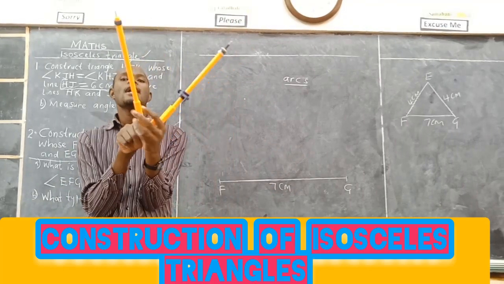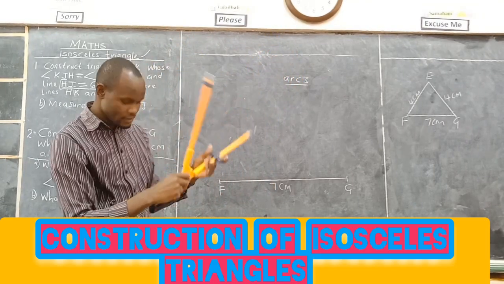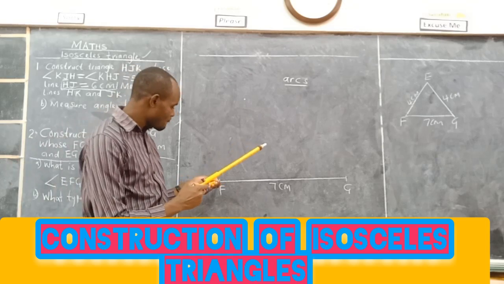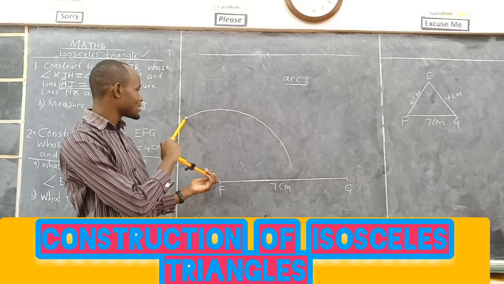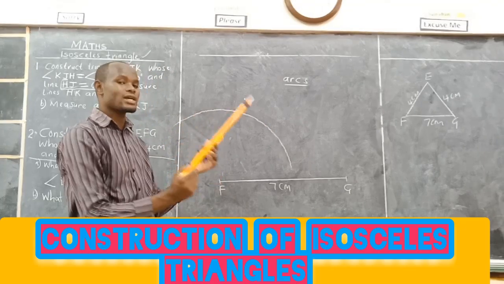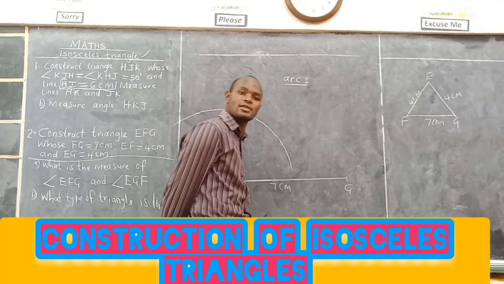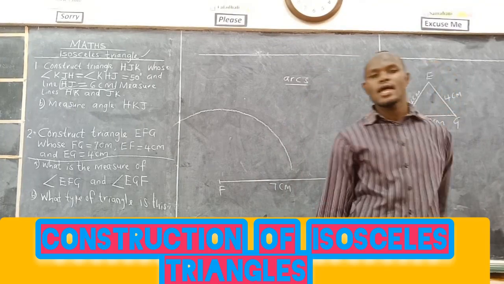This is a length, representing from here up to here. This is 4 centimeters. So you stand where we have F and just make one arc. Don't do this. That is 4 centimeters. Make sure you have done that, then relax.